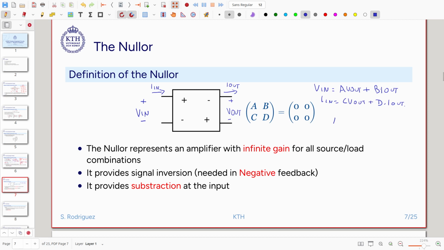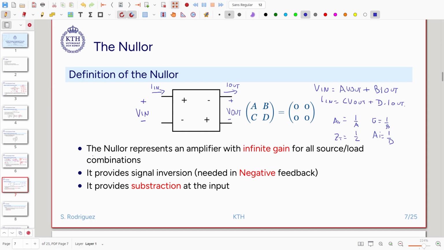For instance, the voltage gain is equal to 1 over A. The transconductance gain, G, is equal to 1 over B. The transimpedance gain, Zt, is equal to 1 over C, and the current gain, Ai, is equal to 1 over D. So for an ideal amplifier, these parameters are 0, so that they make the gains infinite. So we have these ABCD parameters for the nullor, and this is the symbol for the nullor: plus, minus, minus, plus. And it has some properties.